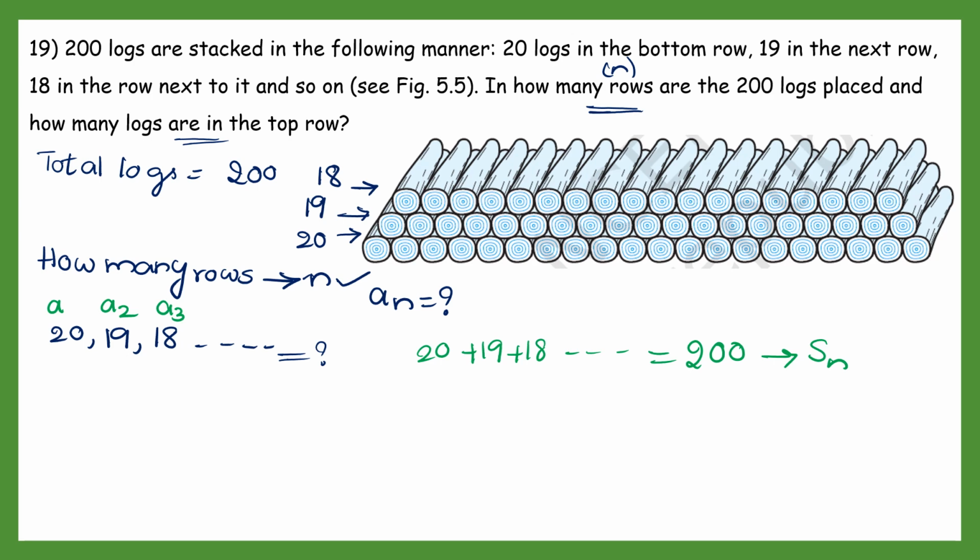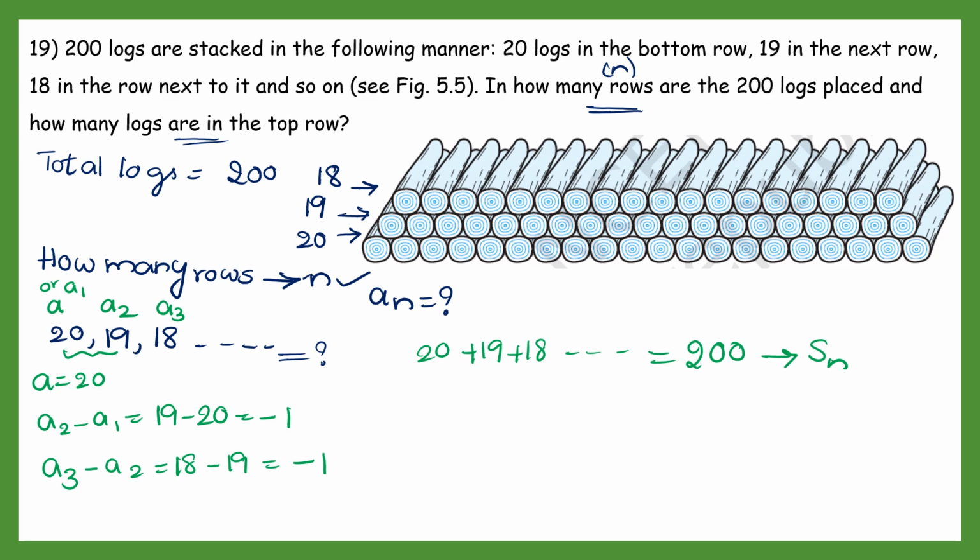So a is 20, and if you take consecutive terms, a2 minus a1, you get 19 minus 20, that is minus 1. Now take another two consecutive terms, a3 minus a2, you get 18 minus 19, again minus 1.